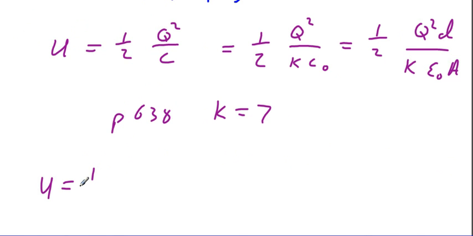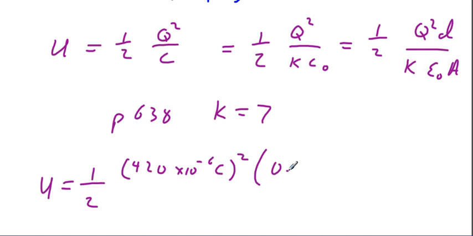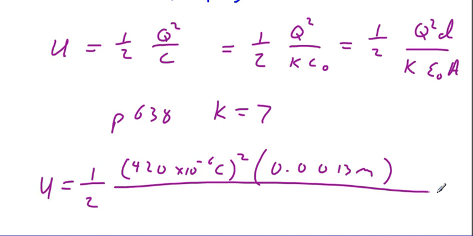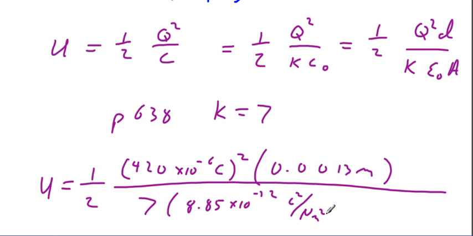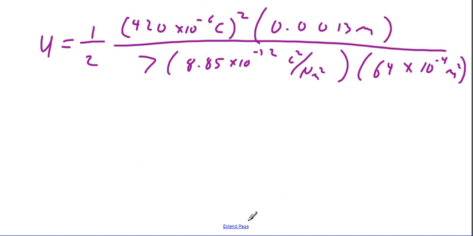U is equal to 1/2 times 420 times 10 to the minus 6 coulombs squared, and distance 0.0013 meters, divided by the 7 times epsilon naught, divided by the area, which I turn from centimeters into meters squared, and I end up with my energy.